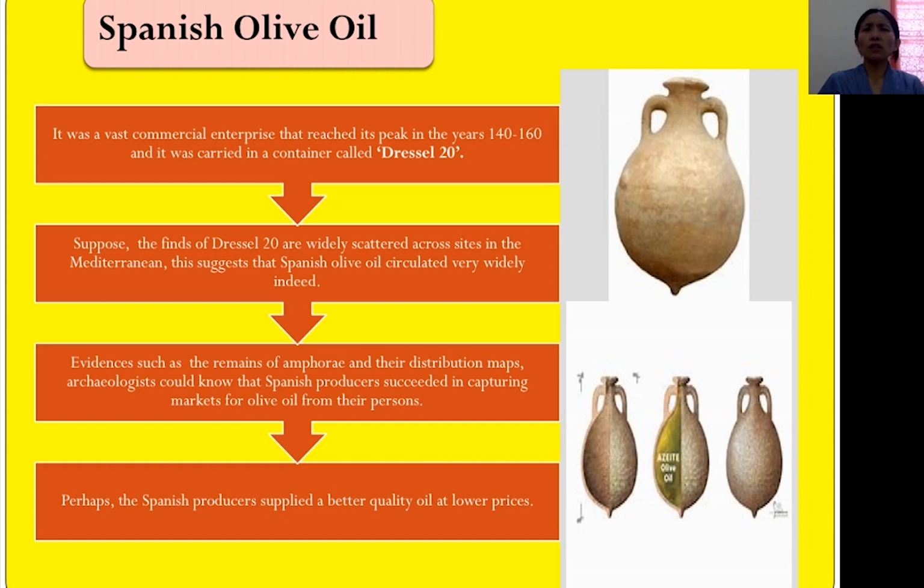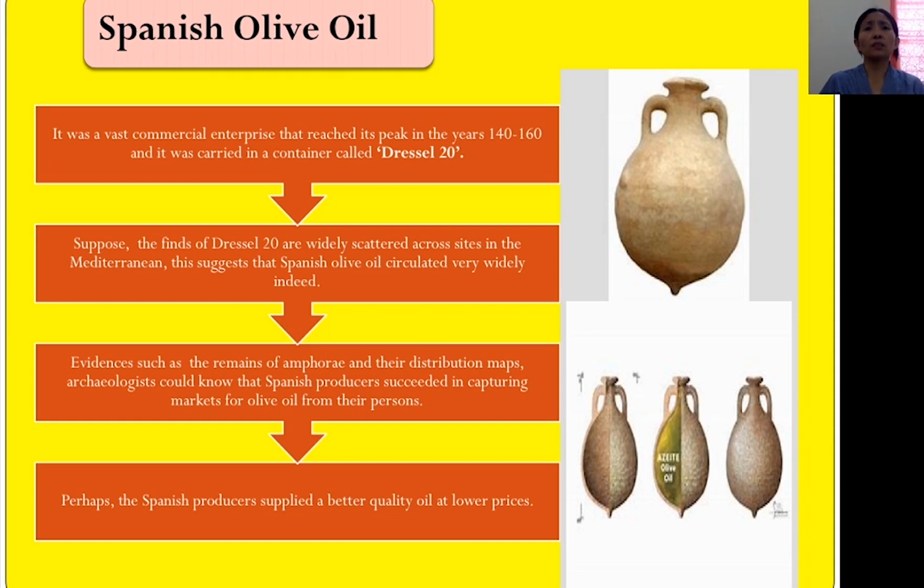The Spanish olive oil trade was a vast commercial enterprise that reached its peak between the years 140 and 160, and it was carried in a container called Dressel 20. These are containers called Dressel 20. For example, finds of Dressel 20 are widely scattered across sites in the Mediterranean.